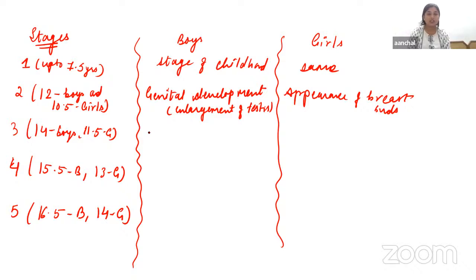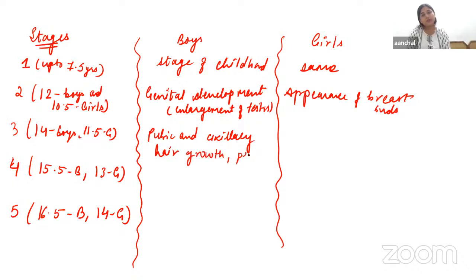In third stage, it will lead to pubic and axillary hair growth and also penis enlargement will be there, right?